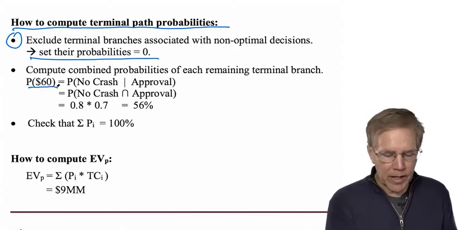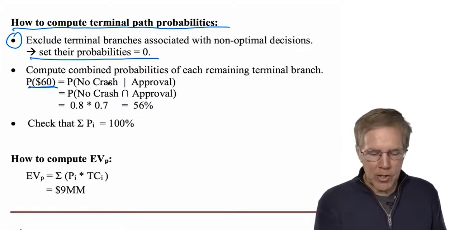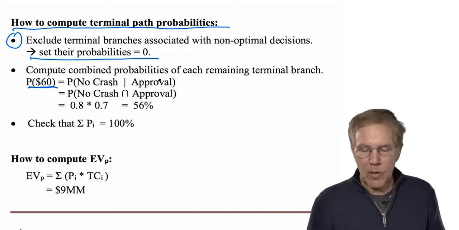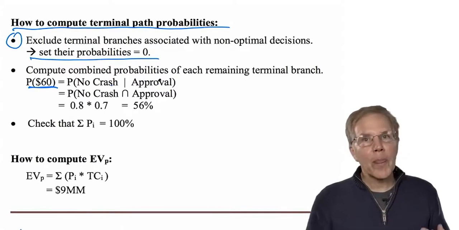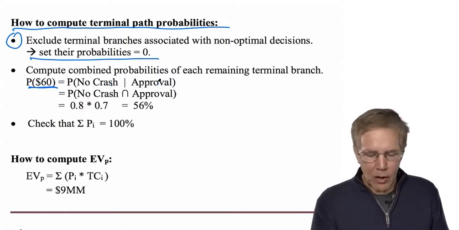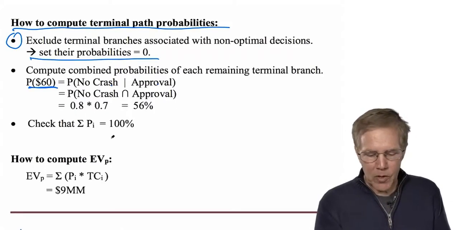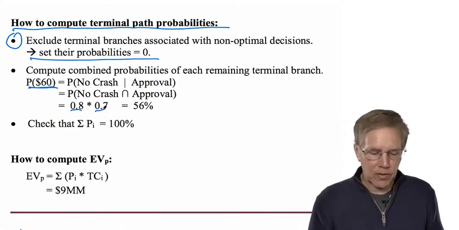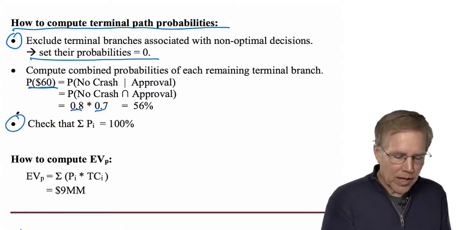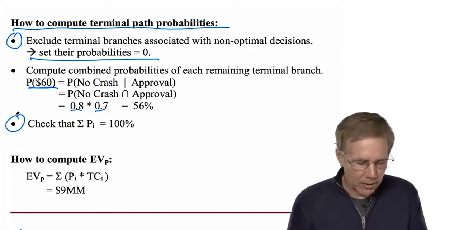So again, that probability of getting to our 60,000 terminal cash was the probability of no crash given approval. Because of our independence of probabilities across events, that's the same thing as the probability of no crash and approval, and that of course means we just multiply the probabilities and we get to 56%. Also, always want to check that all of our probabilities, when we add them up, get to 100%.